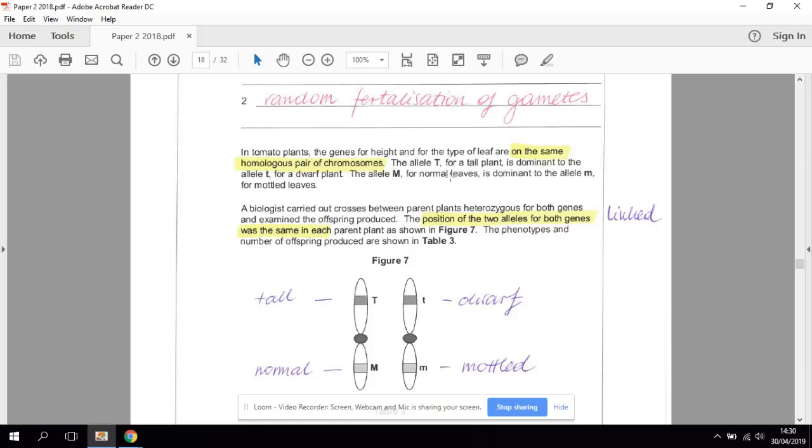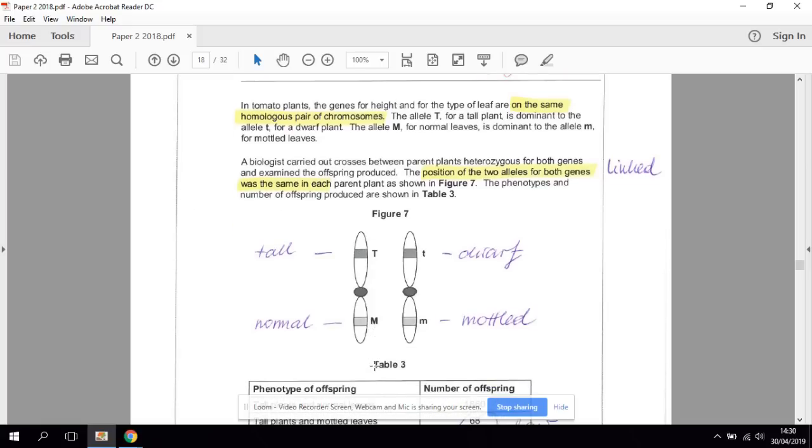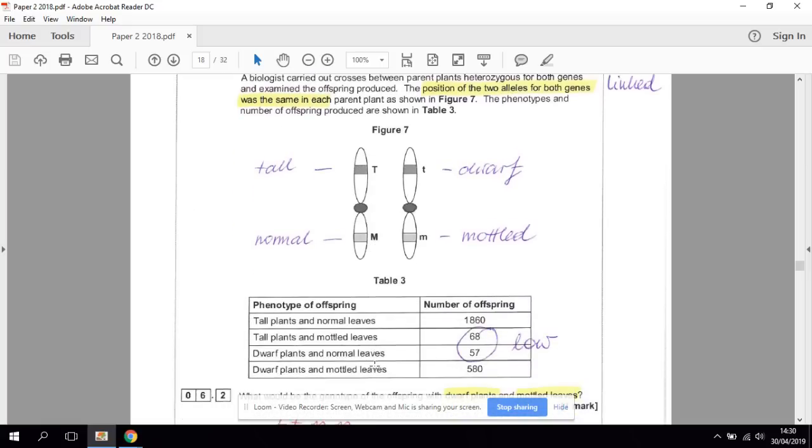So rather than reading through this again and again, I've just written this down on the actual figure. So dominant, it's tall, recessive, it's the other one, normal, big M, and the mottled, lower m, so that's recessive, that's dominant. So then I don't need to read through this all over again, saving myself time. So the biologists carry out the crosses, okay, between plants heterozygous for both genes, and those are the results.